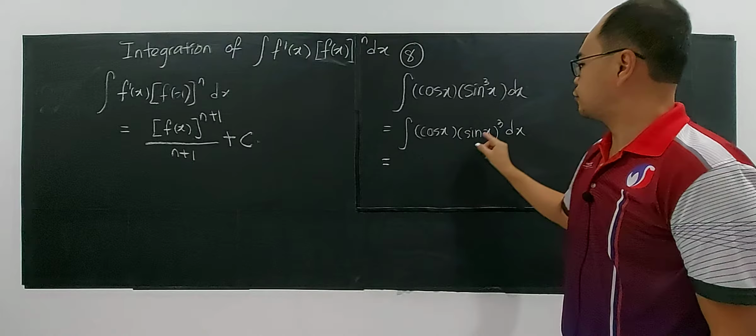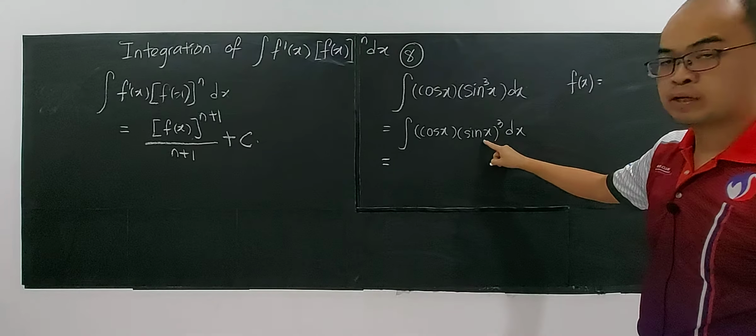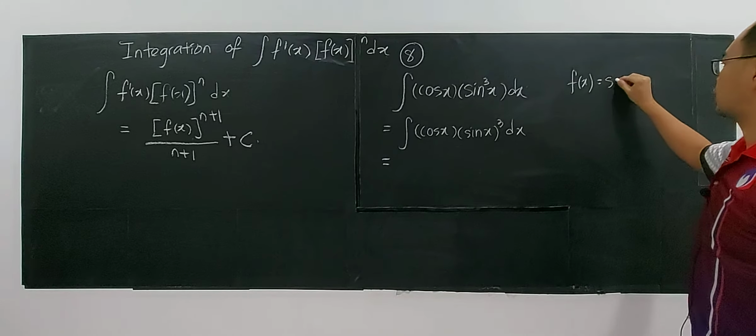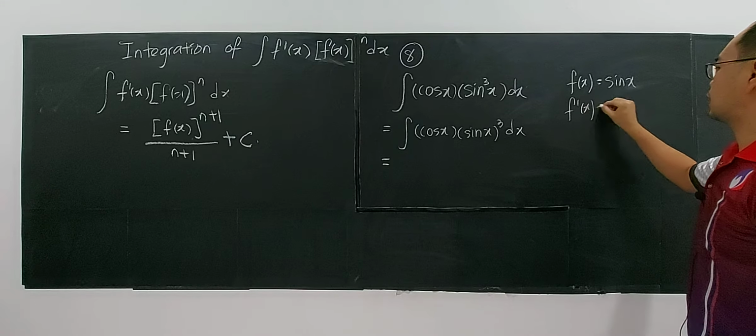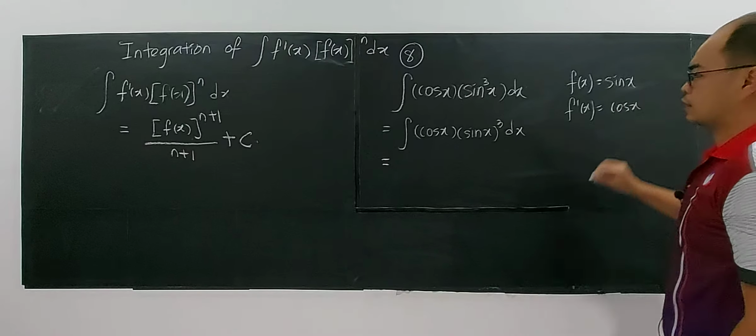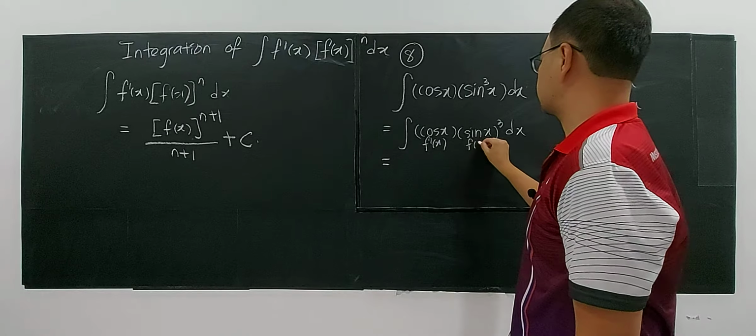Inside the power, this is the one that has the power of 3, so I consider this to be f(x). If I differentiate it, exactly, I get cos x. So this is my f prime x, and this is my f(x).